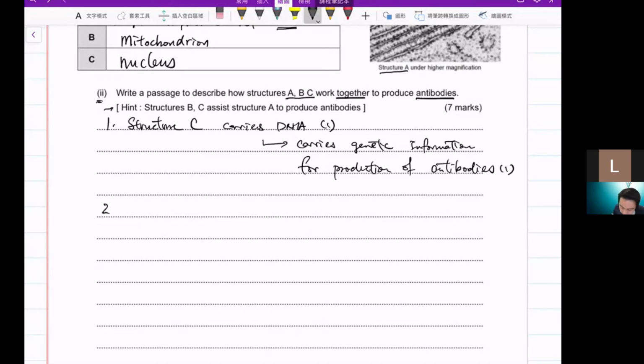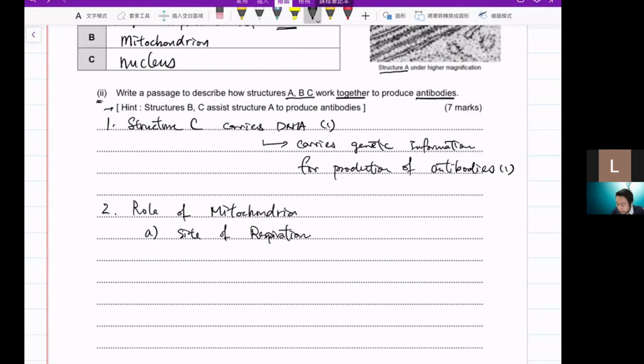Then the second important organelle is mitochondria. Okay. Then how do mitochondria contribute to the production of antibody? Just simply tell me what is the function of mitochondria. Mitochondria is the site of respiration.